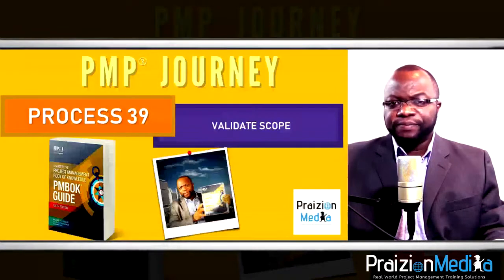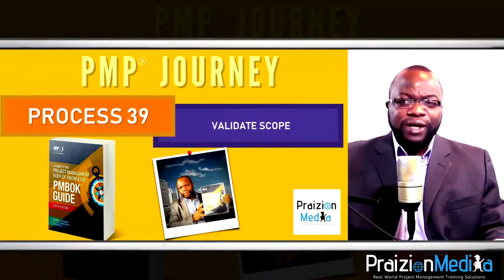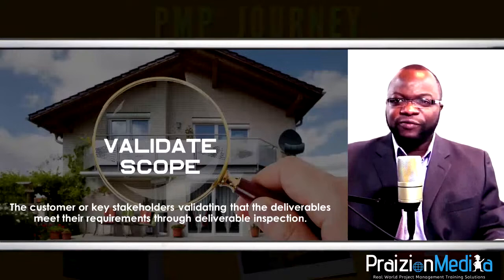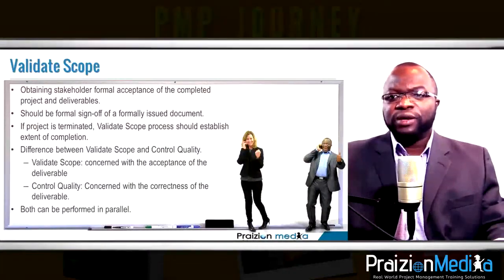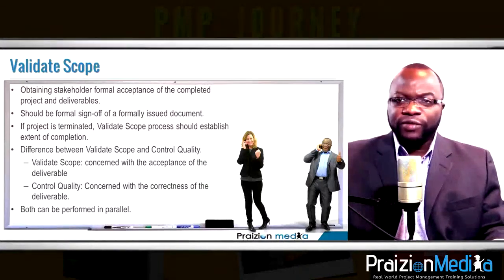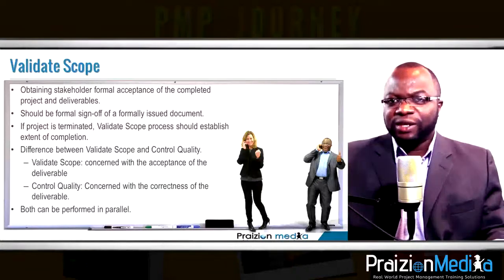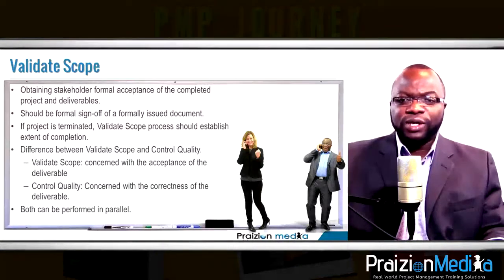Process 39, validate scope. In validate scope, this is customer focused because the customer is the main actor. This is where the customer inspects the deliverable that has been sent, or should we say the verified deliverable that has been found to be fit for use by the performing organization.